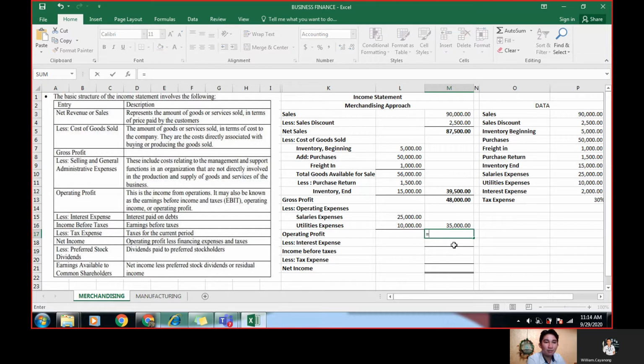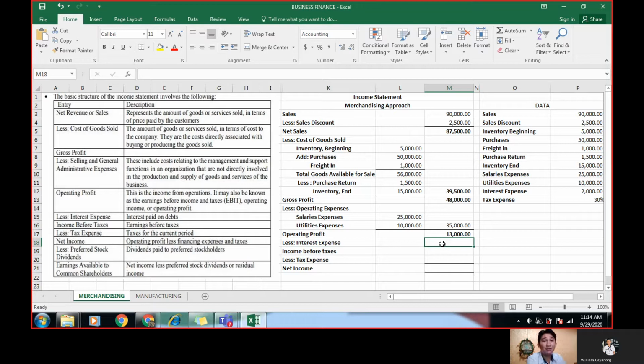Operating profit will be done through your gross profit less, equal sign pa din when you are starting your formula, less 35,000. Okay, that's 13,000. That's your operating profit. Ayan. But we have to deduct interest expense pa. Interest expense will be gotten from your loans.